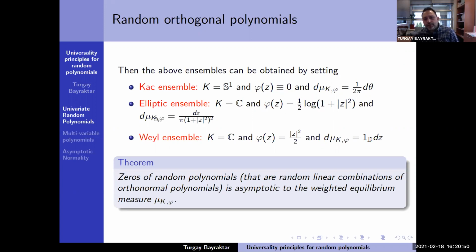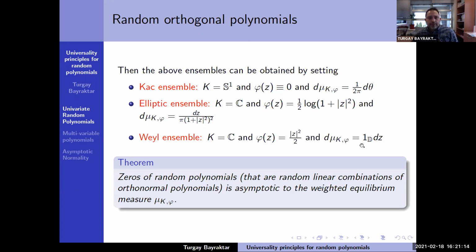And the corresponding measure was just the asymptotic distribution of zeros of random polynomials. Similarly, for the Weyl ensemble, K was the whole complex plane. Again, phi was |z|^2 over 2. And for this pair, the weighted equilibrium measure is, again, the asymptotic distribution of the zeros of random polynomials.